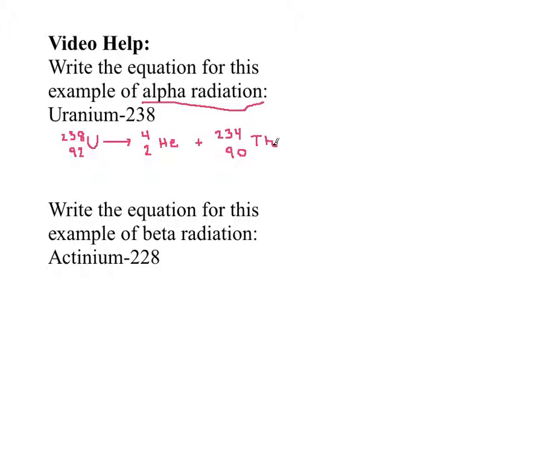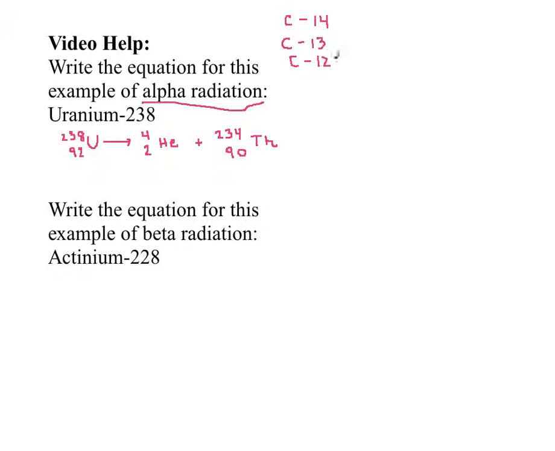The other thing I can do is change my number of neutrons. If I have C14, remember carbon has an atomic number of 6, so this would have 8 neutrons, this would have 7 neutrons, and this would have 6, C12.